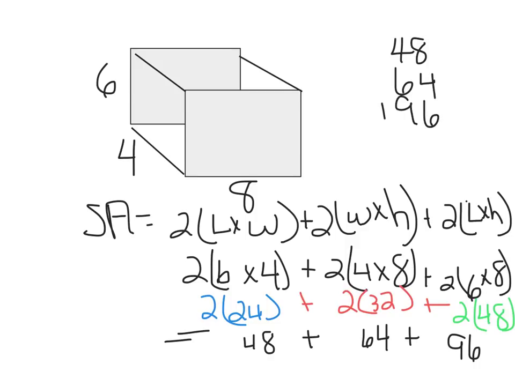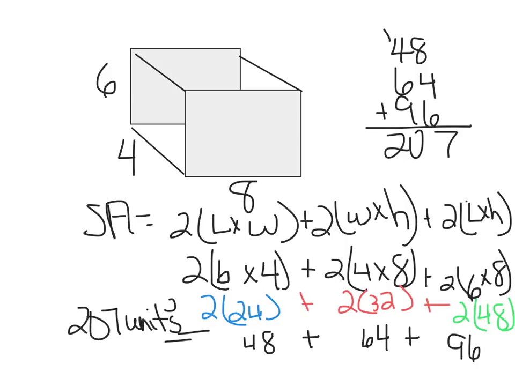Line them up, add them up. 8 plus 4 is 12, plus 6 more. 12, 13, 14, 15, 16, 17. Bring up my 1. 4 plus 1 is 5, plus 6 is 11, plus 9, 11, 12, 13, 14, 15, 16, 17, 18, 19, 20. So my total on this one will be 207 units squared.